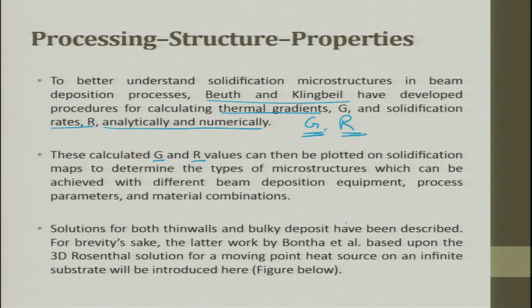This dictates the quality of the product. The solution for both thin wall and bulk deposition has been described. For brevity's sake, a later work of Bontha et al., based upon the 3D Rosenthal solution for a moving point heat source on an infinite substrate, will be introduced here.